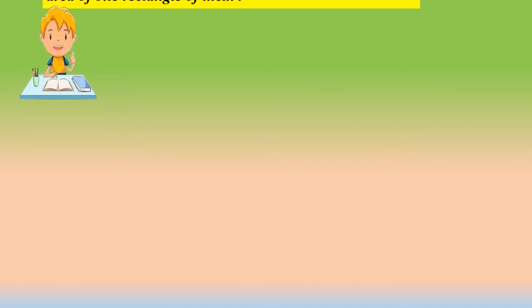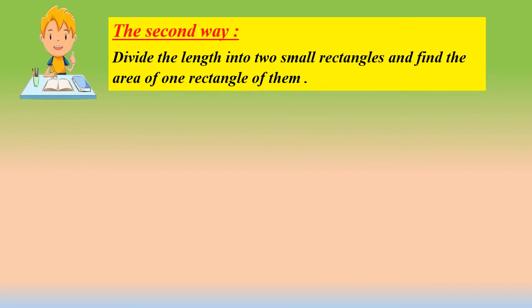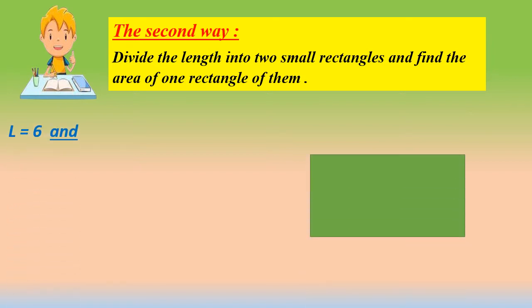The second way, divide the length into 2 small rectangles and find the area of one rectangle of them. I draw the garden now. The length equals 6 and the width equals 4. I will divide the length into 2 equal parts.